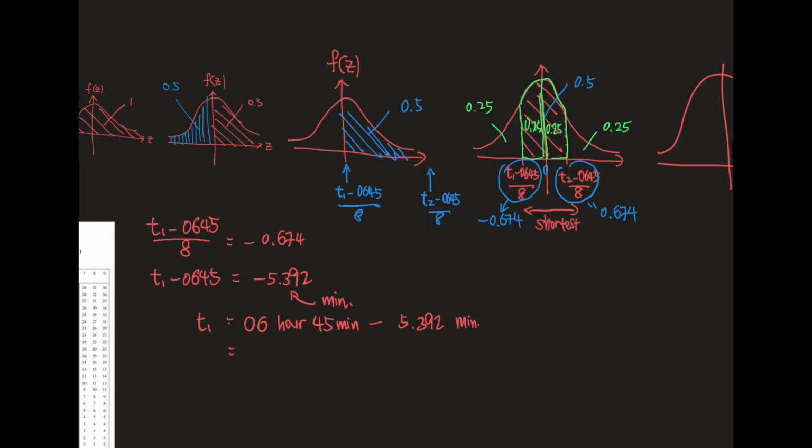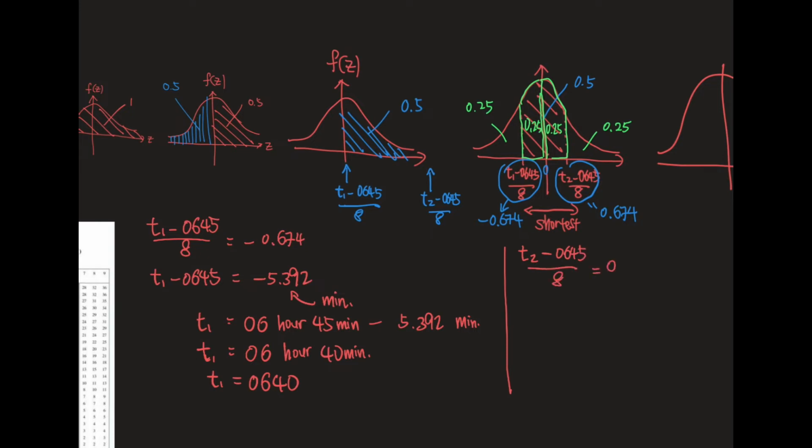So that means 45 minutes minus 5, so it's going to be 40 minutes. So 06 hours 40 minutes. You minus 5 minutes, right? So T1 should be 0640.